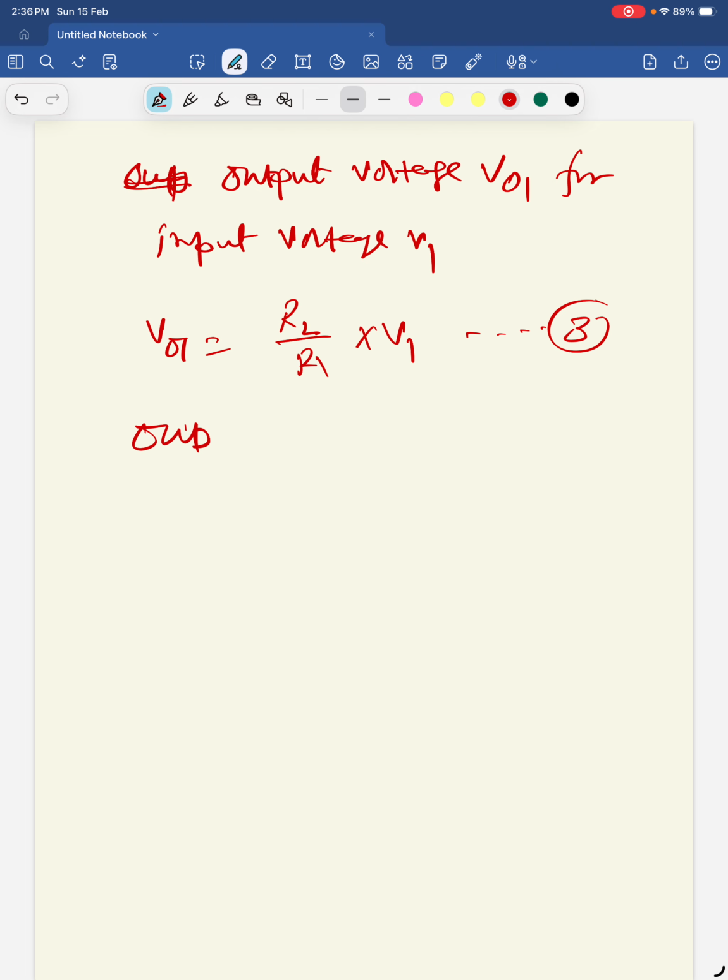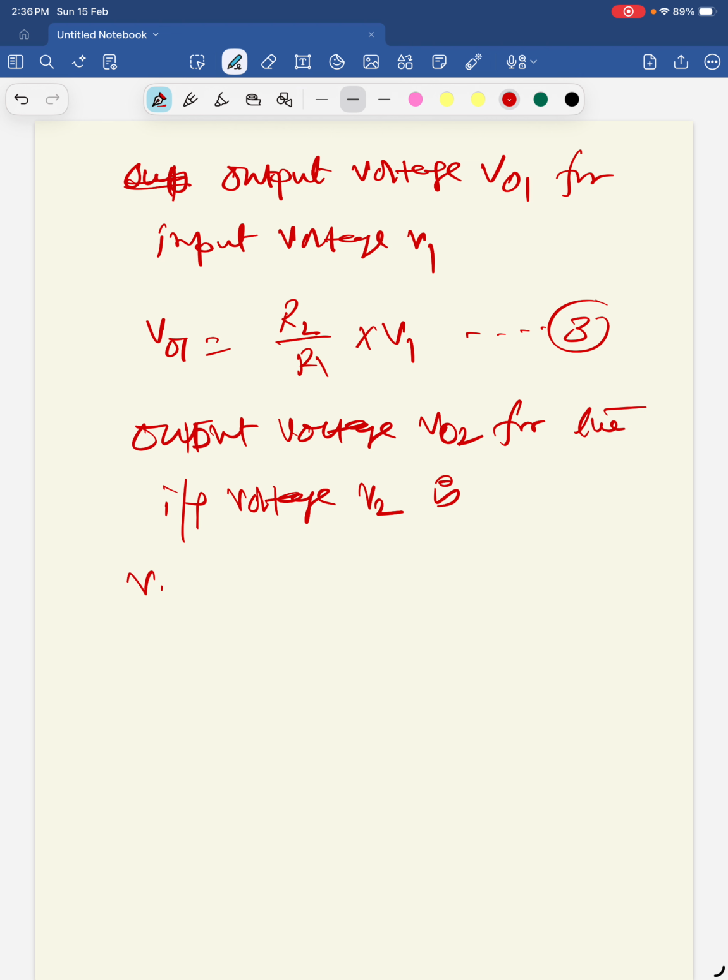Now output voltage V02 for the input voltage V2 is V02, equal to minus R2 by R1 into V2.